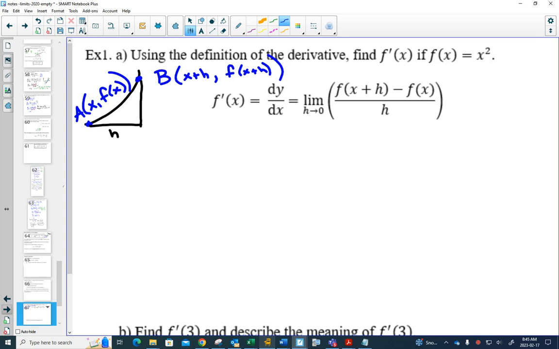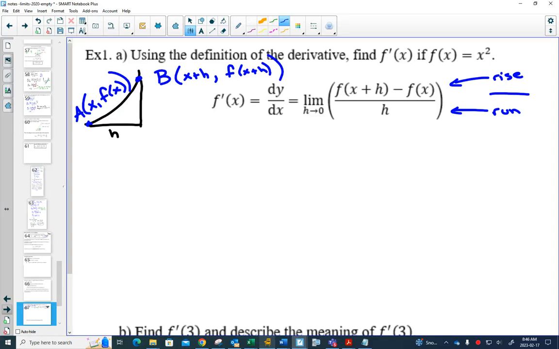And all the definition of the derivative is your slope, which is rise over run. Can you see that if I took f of x plus h minus f of x, that would be my y value. And h is my x value.